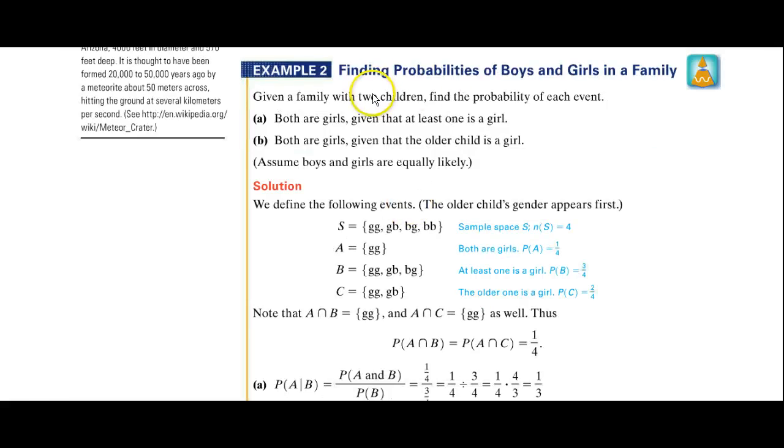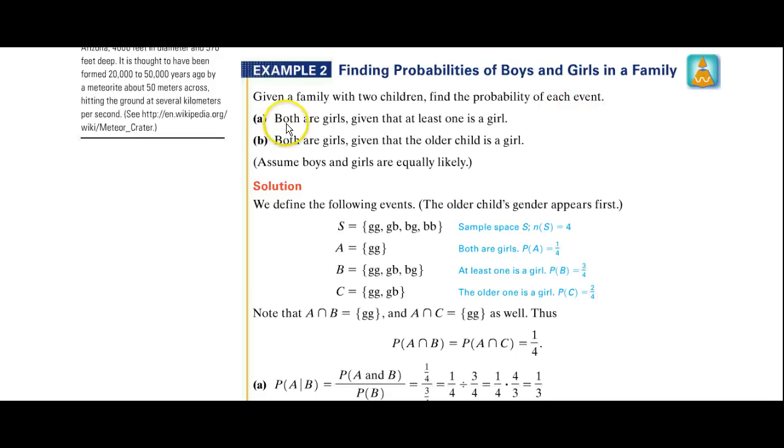Here we're going to look at finding probabilities of boys and girls in a family. Given a family has 2 children, find the probability of each event.